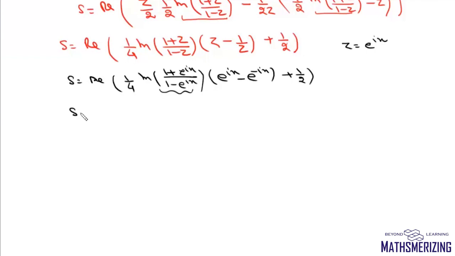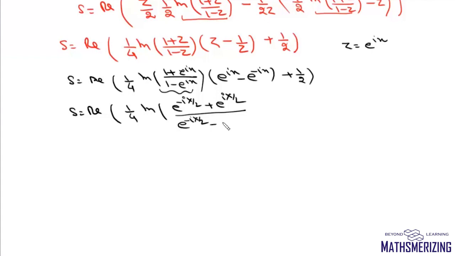So we can write this as real part of 1 by 4 log (e to the power minus iota x by 2 plus e to the power iota x by 2, upon e to the power minus iota x by 2 minus e to the power iota x by 2), and then e to the power iota x minus e to the power minus iota x, plus 1 by 2.